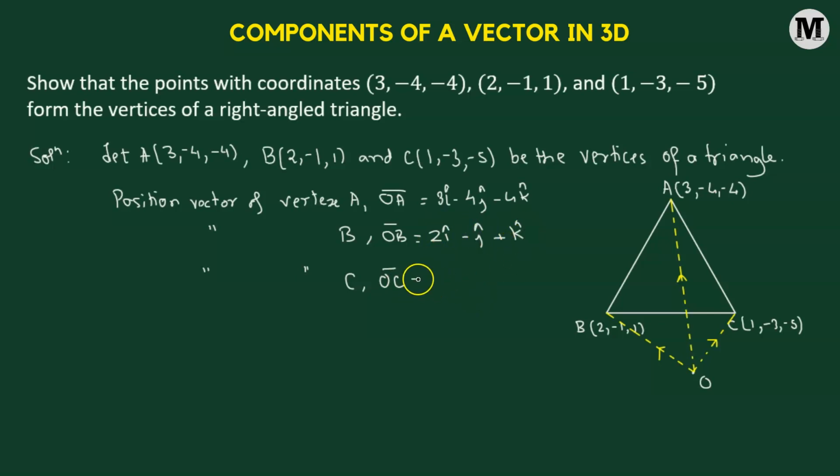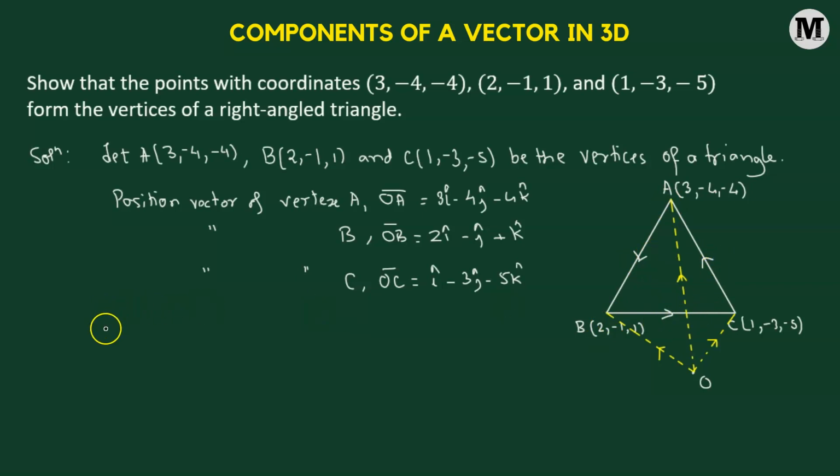And position vector of vertex C is going to be i cap minus 3j cap minus 5k cap. Using OA, OB and OC vectors, we will define the vectors AB, BC and CA.